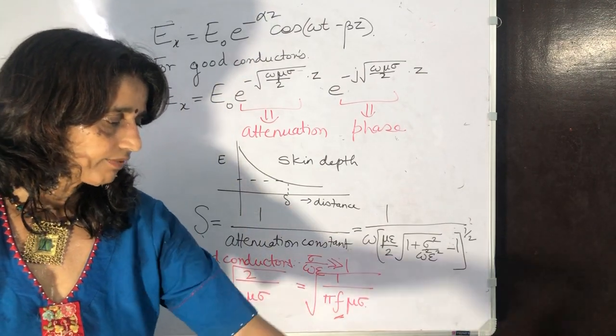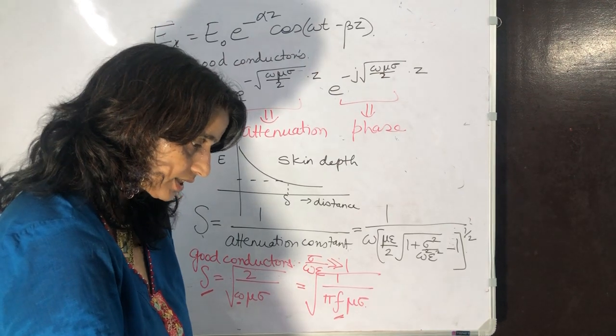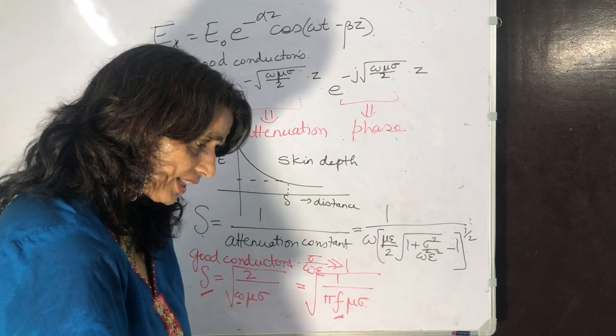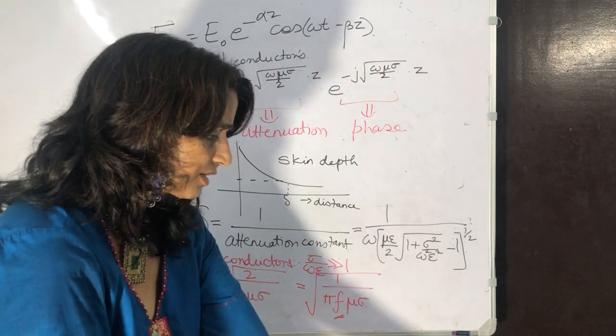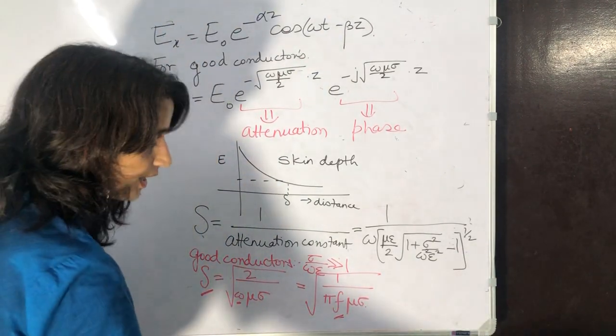Similarly, we have skin depth for poor conductors, good dielectrics or insulators.